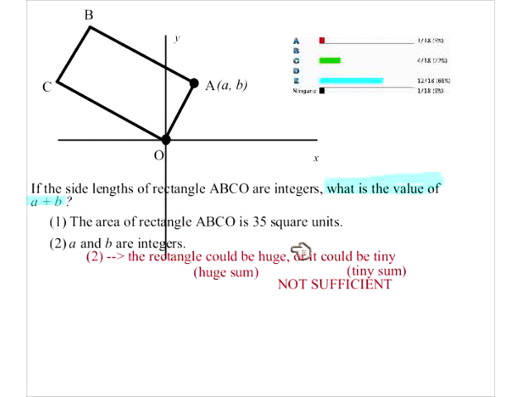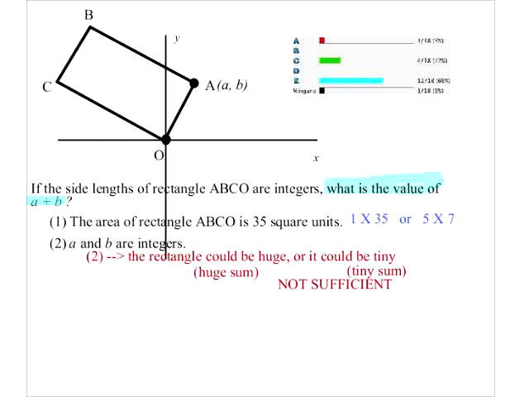What do you get out of that? If the area of rectangle ABCO is 35, then we know that it's 1 by 35, or we know that it's 5 by 7.